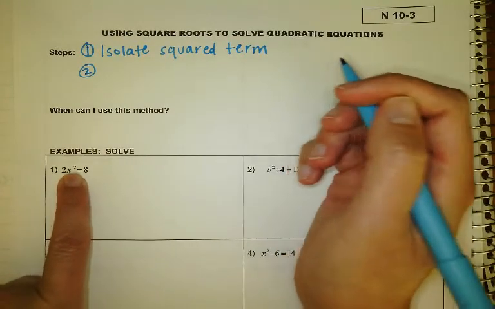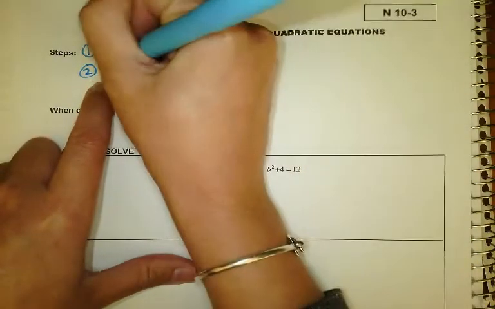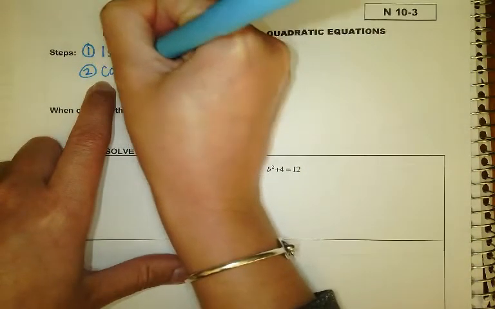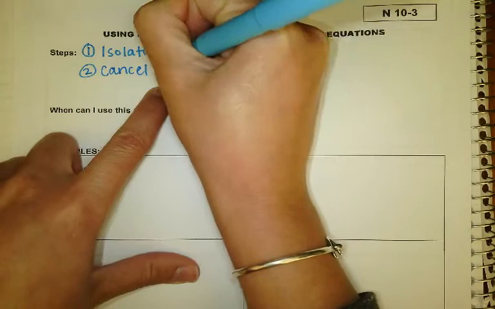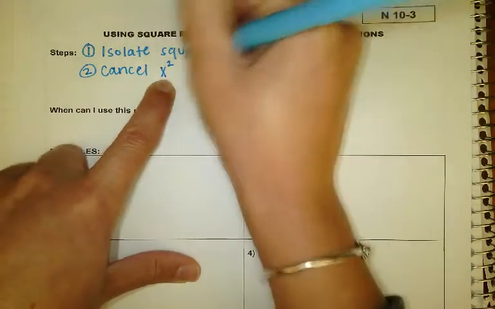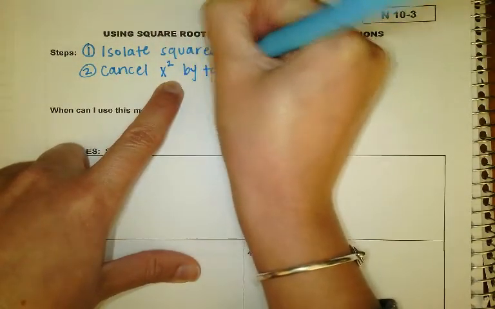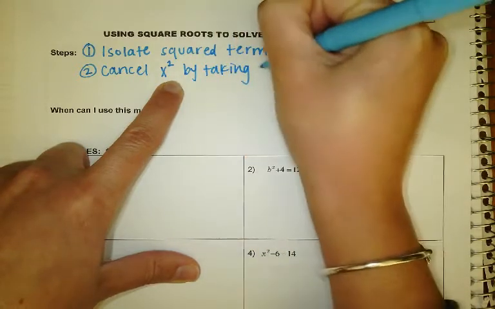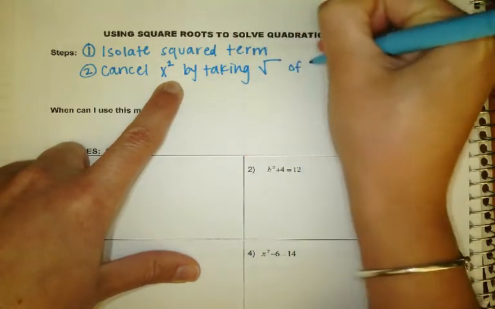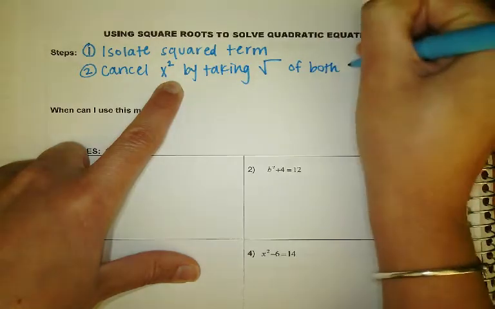Just like addition and subtraction are opposites, we are going to cancel the squared by taking the square root of both sides of the equation.